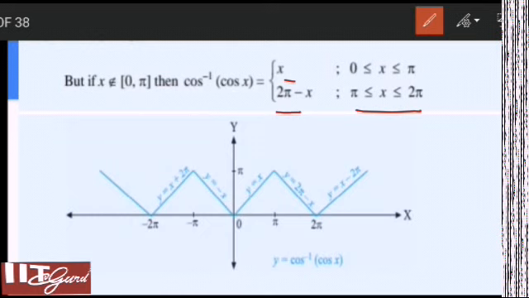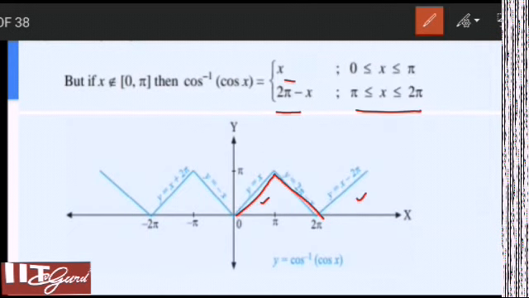And an inverted V shape, mountain-like structure is there. For cos inverse cos x, you have to mind this point: y equal to x and y equal to 2 pi minus x, and for the rest you have to include the 2 pi period, plus or minus on both sides, for each and every result. For example, we have to reduce this from y equal to x to y equal to 2 pi minus x.